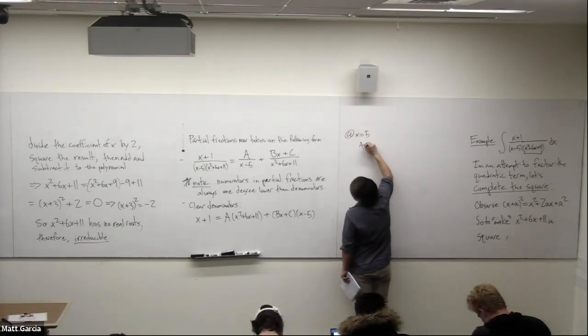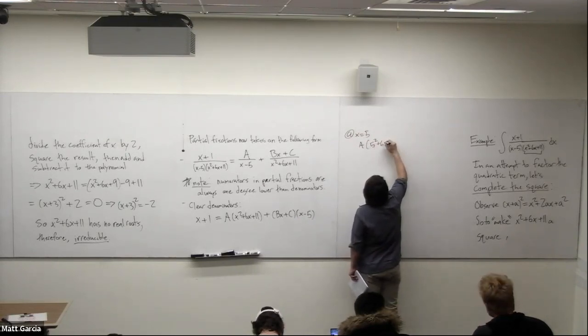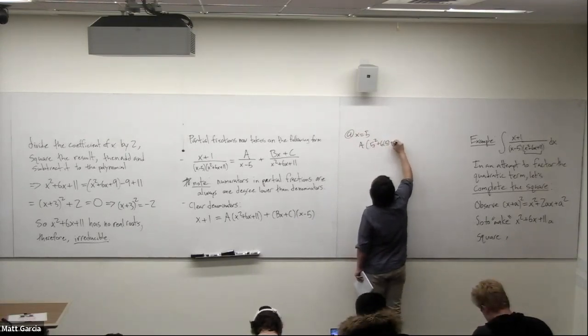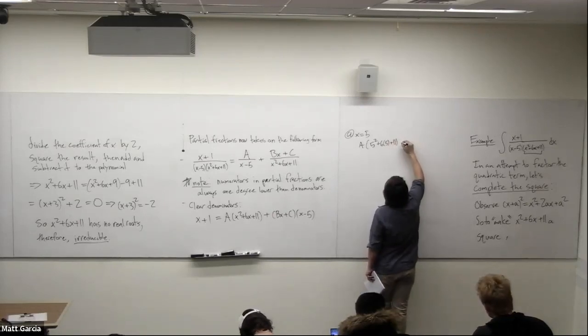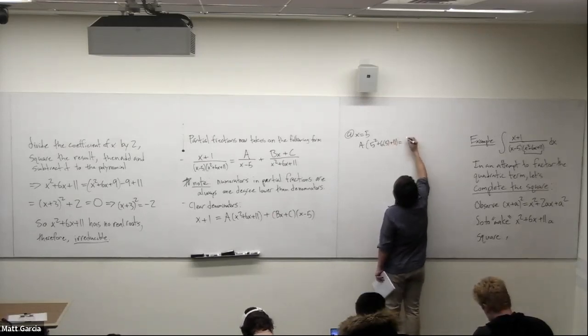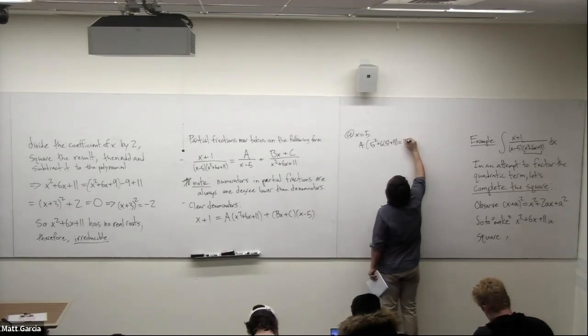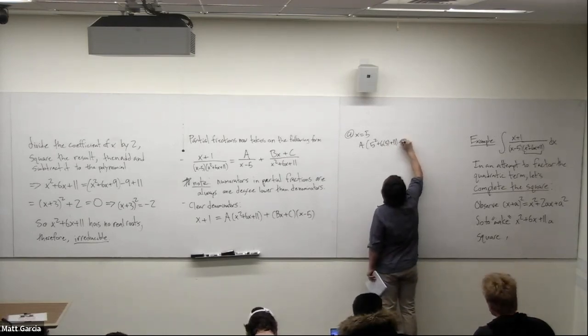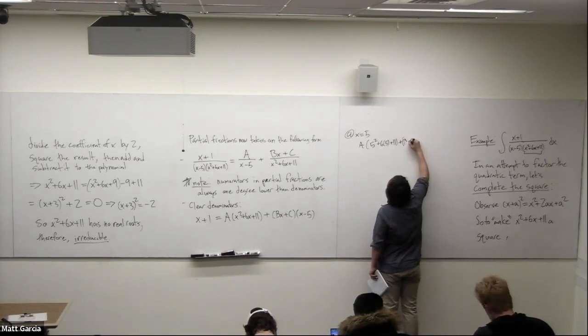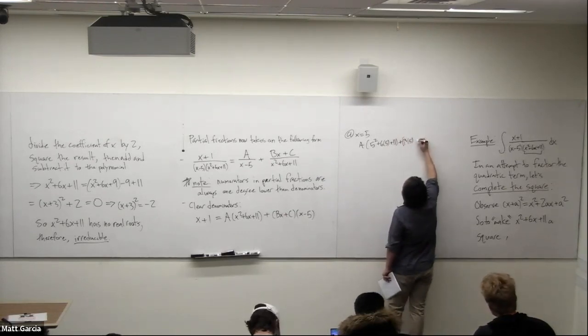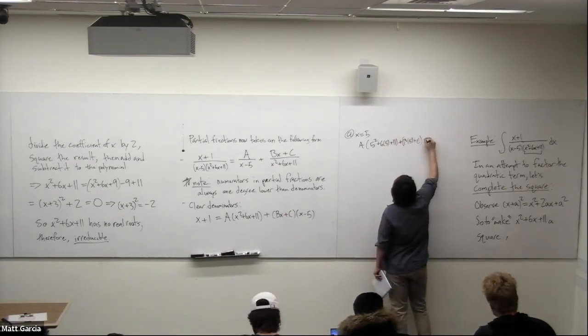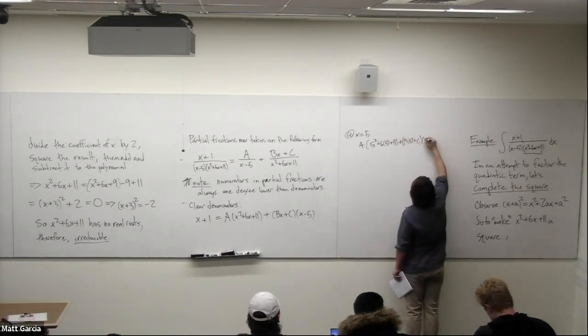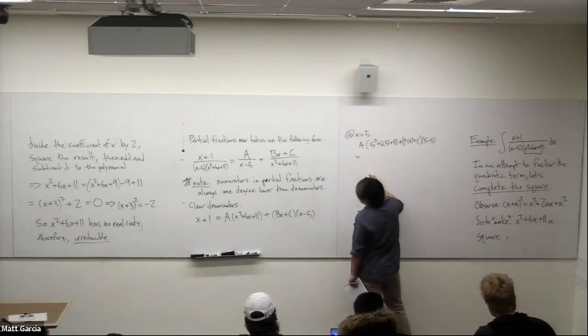We get A times (5 squared plus 6 times 5 plus 11) plus (B times 5 plus C) times (5 minus 5) is equal to 5 plus 1.